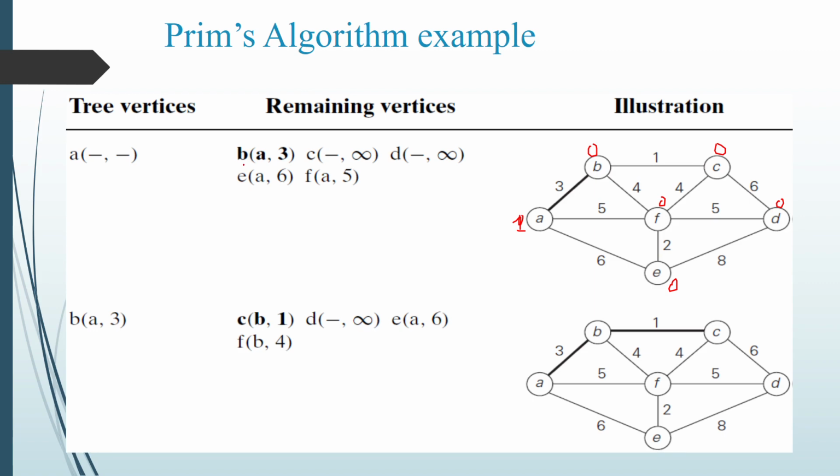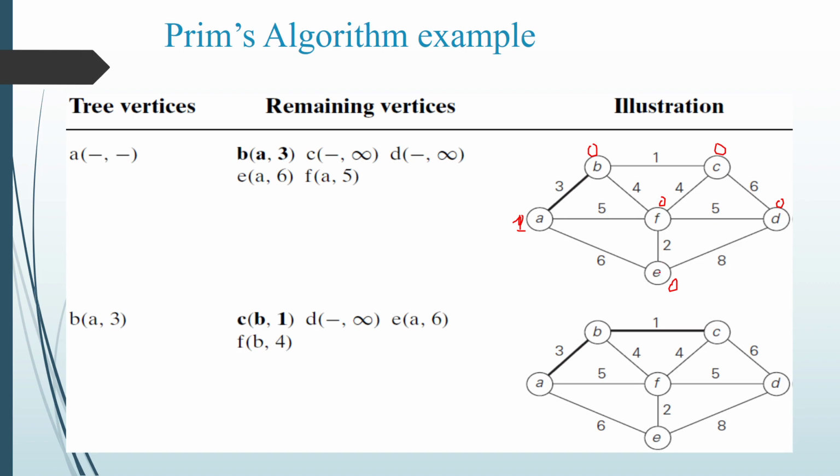After that you have to check the adjacent vertices for the visited one. Only if it is visited will you know that this is adjacent for that particular vertex. At present, which vertex did I visit? A. Now the remaining vertices are listed here. In the graph, for A, B is adjacent, F is adjacent and E is adjacent.